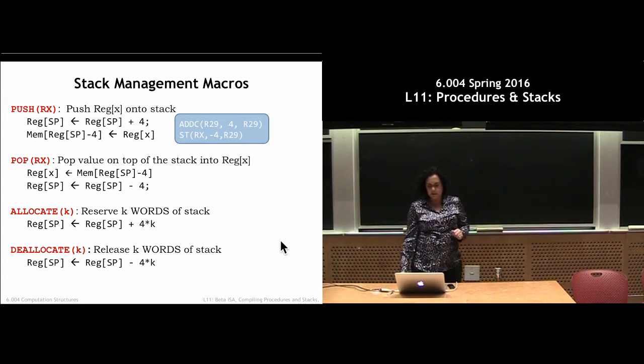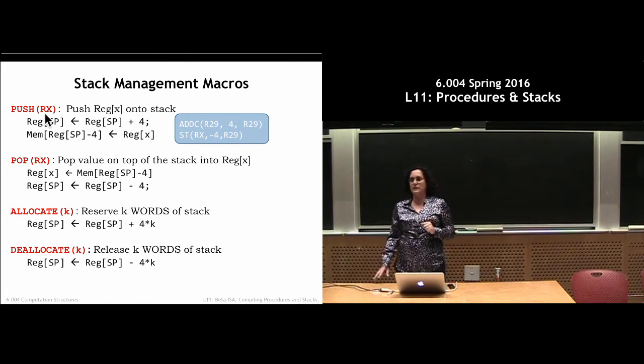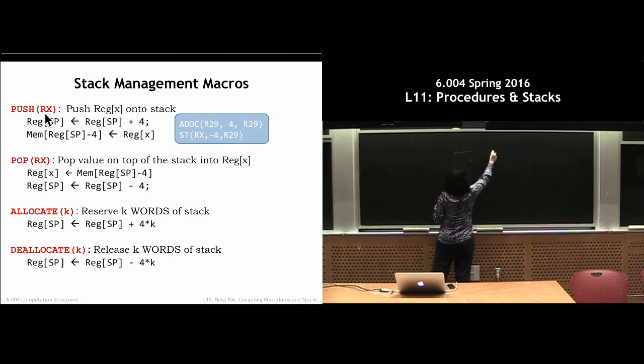So we're going to look in a little more detail at what exactly needs to happen for these operations. What does a push want to do? Well, a push wants to put something into the location that's currently being pointed to by the stack pointer, and then it wants to increment the stack pointer to point to the next location. So here's our stack.